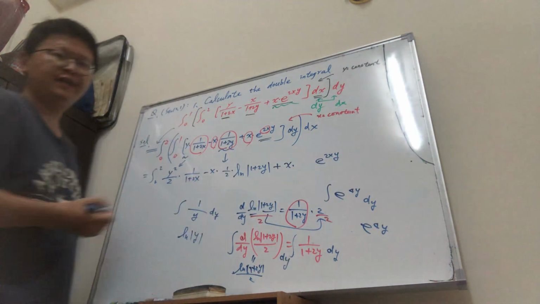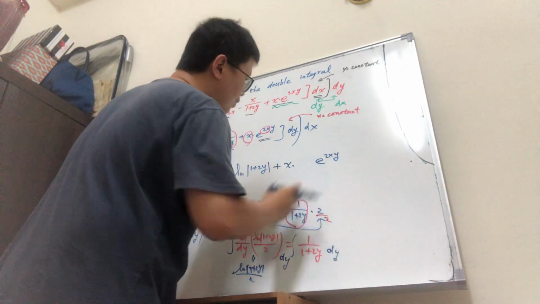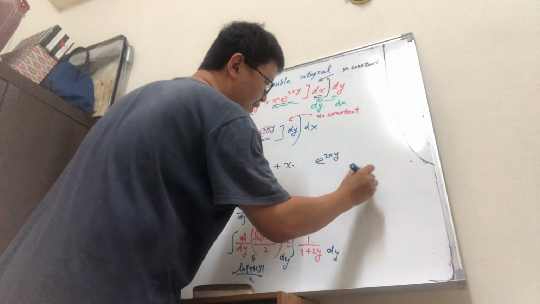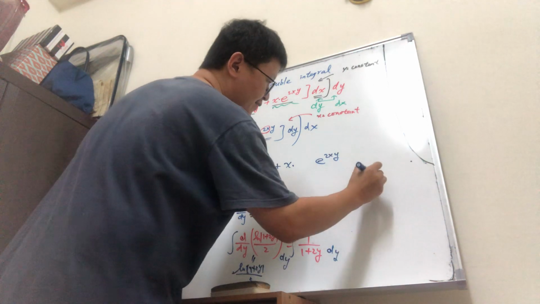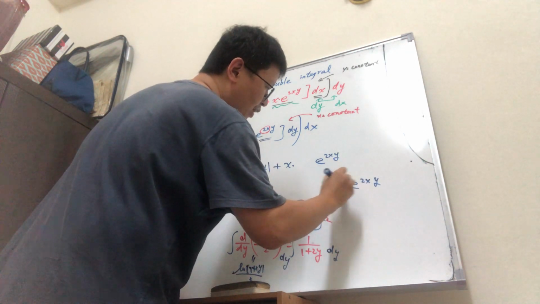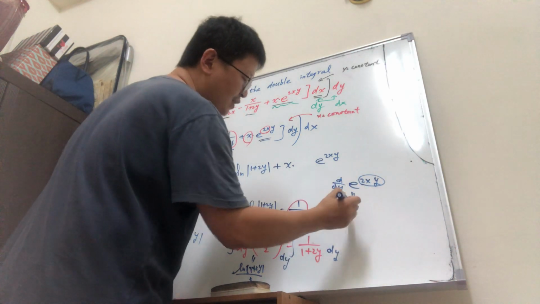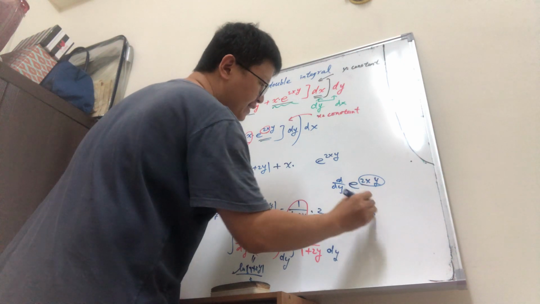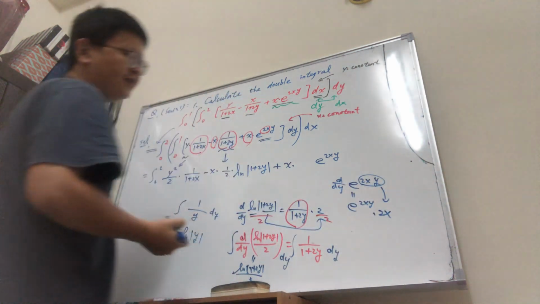But when you consider this function's derivative, differentiate by y, what will you get? Inside function, outside function. The derivative of the outside function is itself, and the derivative of the inside function is 2x, which is constant. Right?